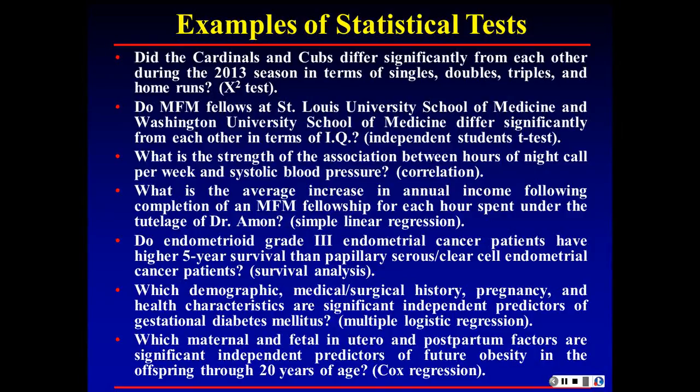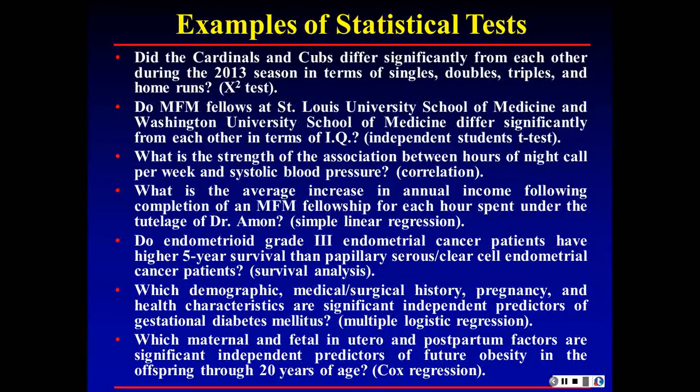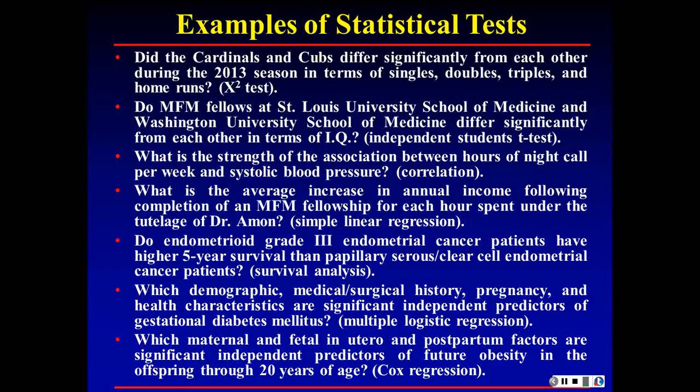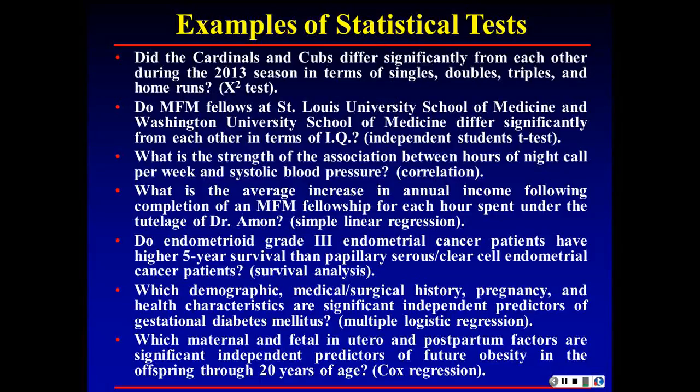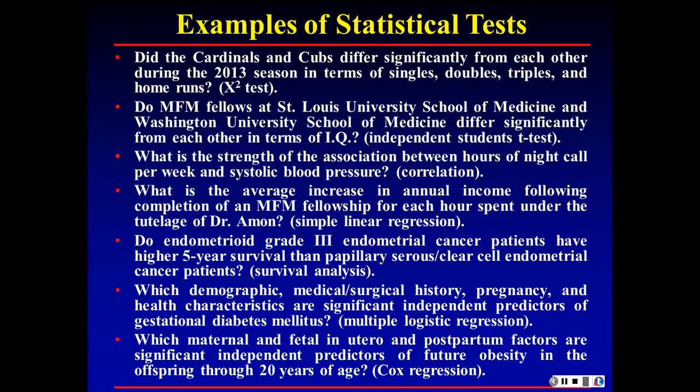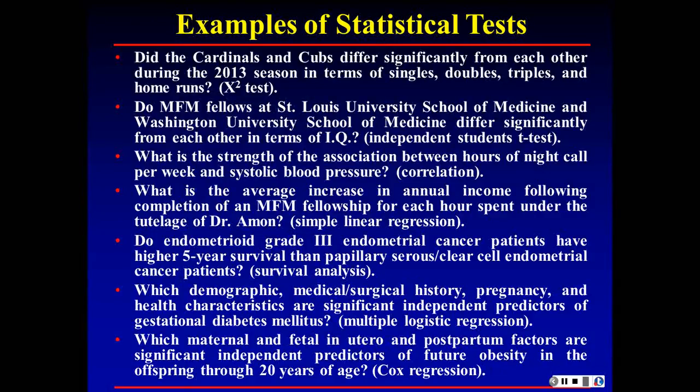And could someone read the last one, please? Which maternal and fetal in utero and postpartum factors are significant independent predictors of future obesity in the offspring through 20 years of age? Thank you very much, everyone. You see we have a particular research question in mind, which is really driving the study, and the statistical test listed tells you how to get the answer to your study that you need.